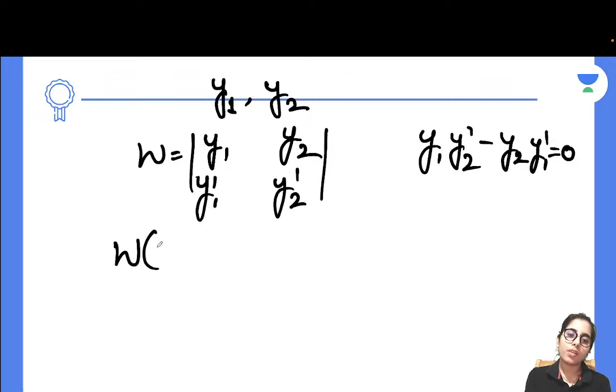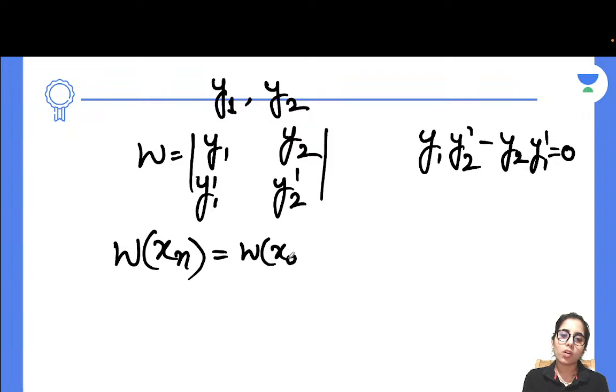On the other hand, there is a formula based on the Wronskian. For example, if it is dy over dx form, then your Wronskian will be a function of x, okay? So the Wronskian at a larger value of x is equal to the Wronskian at the smaller value of x times e to the power. Now here this sign matters a lot.